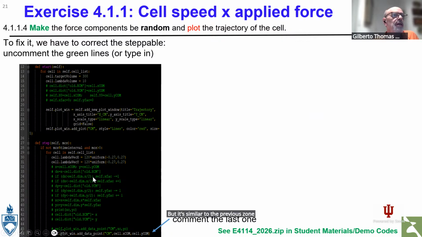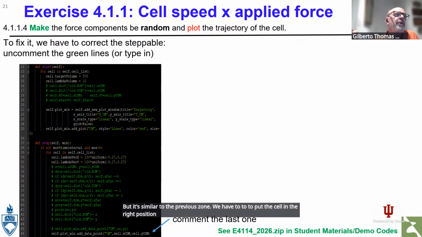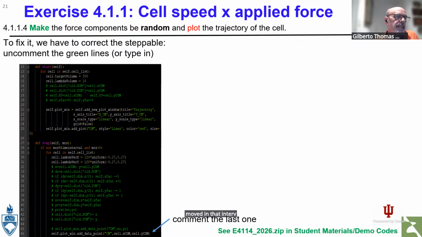We have to put the cell in the right position, and since now we are dealing with trajectory, we have to add that amount that was moved in that interval to the total displacement of the cell to have the trajectory. This is done in lines 39 and 40 here. X position and Y position is the previous one plus what has changed in this particular interval of time.